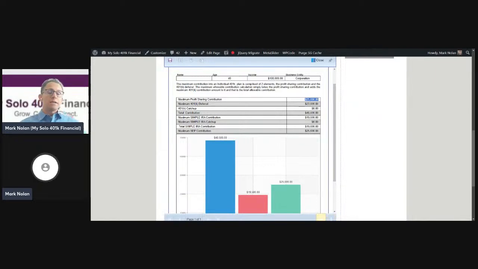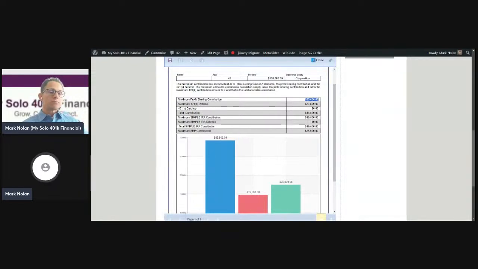You would then deposit that directly into the Roth solo 401k holding account, aka bank account or brokerage account. Once you deposit that into that Roth solo 401k brokerage account, that will complete the step of maximizing that employer Roth solo 401k contribution.